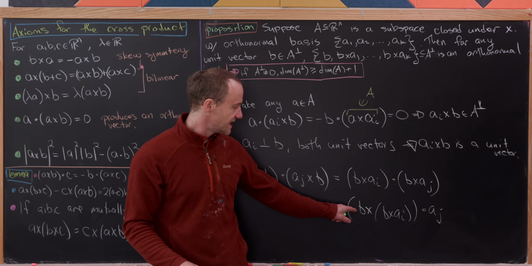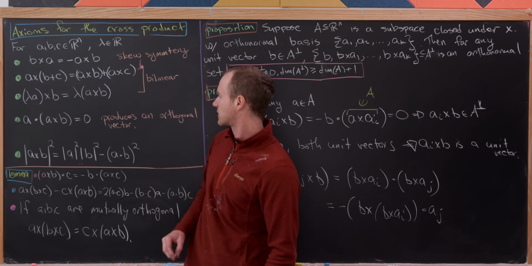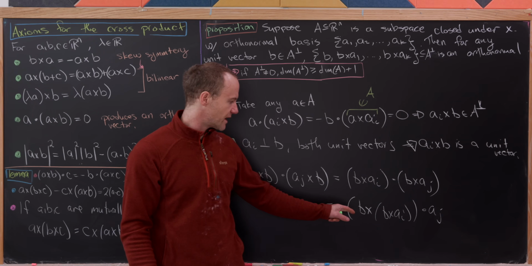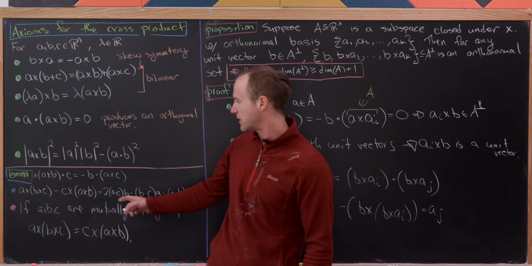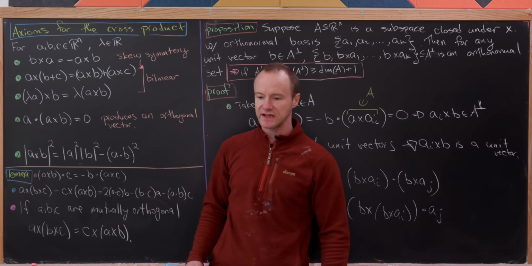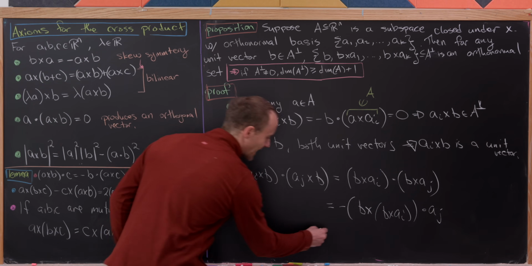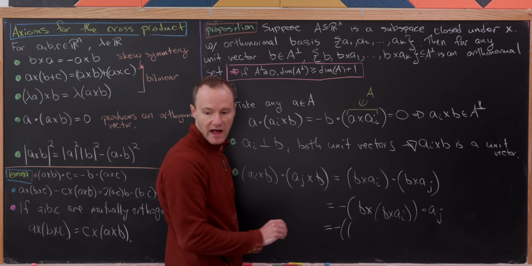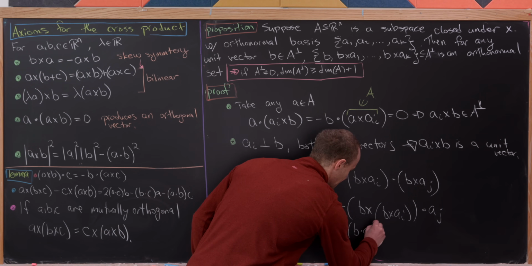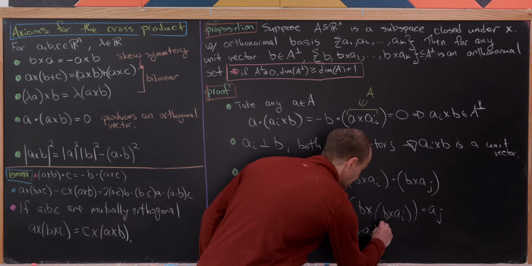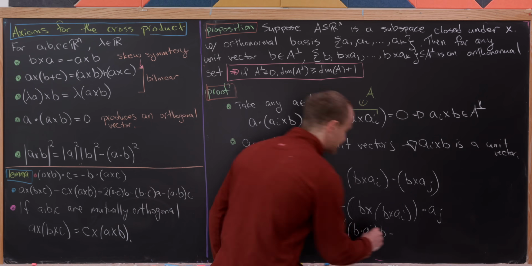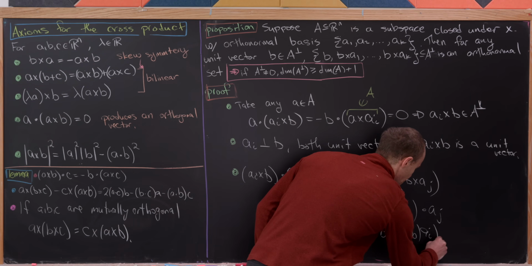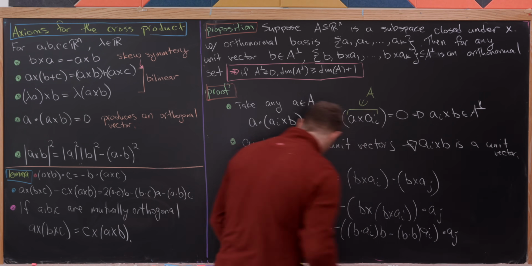But now notice this is just a triple cross product thing. We can use this rule over here where just one of the b's is equal to c. But whenever we do b cross c, we get 0. So let's see what that's going to simplify this whole thing down to: negative, and then we'll have b dot a_i, and that's going to be in the b direction, and then minus b dot b, and that's going to be in the a_i direction. And then we dot that whole thing with a_j.